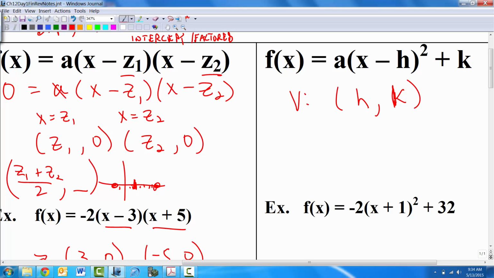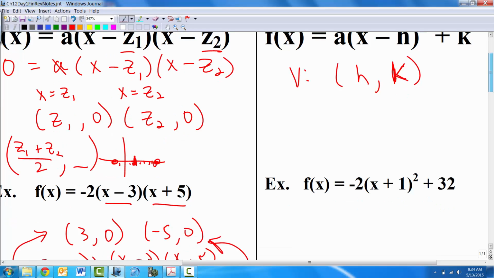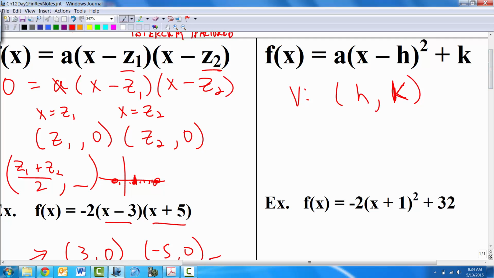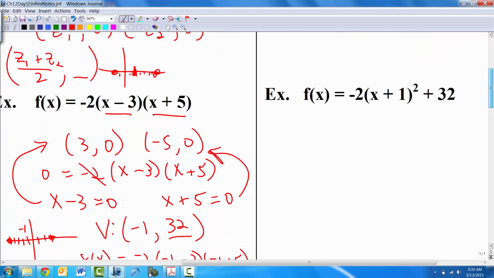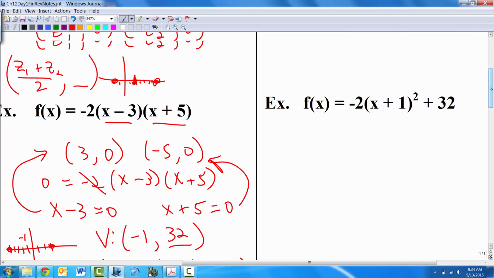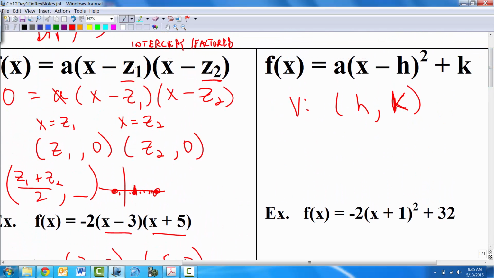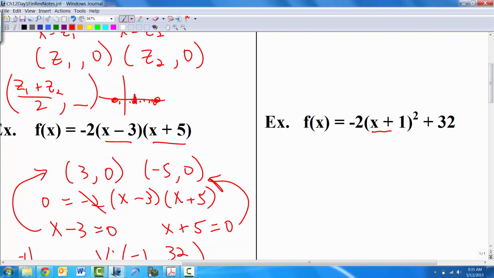And that's really the main thing that you see in this one. Okay, so let's look at this one. So this is in vertex form. By the way, and I did say this, the x-coordinate of the vertex turns the set of parentheses into 0. Or else we play the opposite game. Whatever you need to do, what turns this into 0 when I plug in what for x?